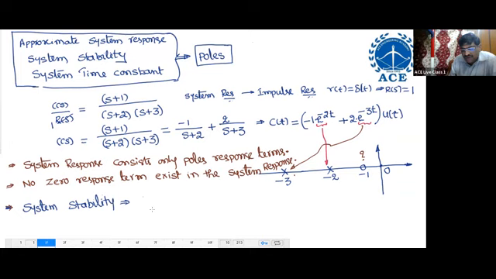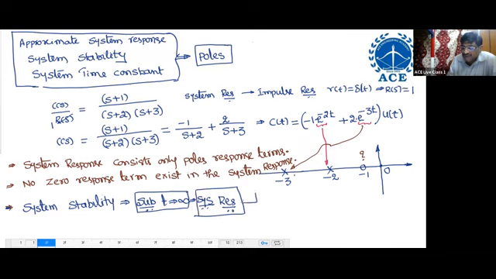Substitute t tends to infinity in the system response.